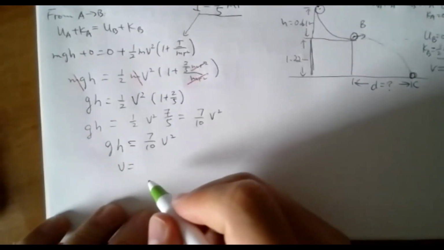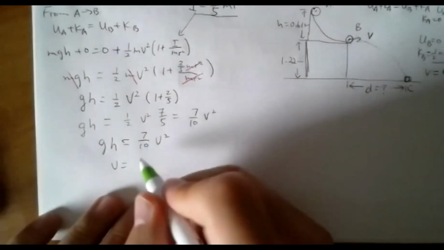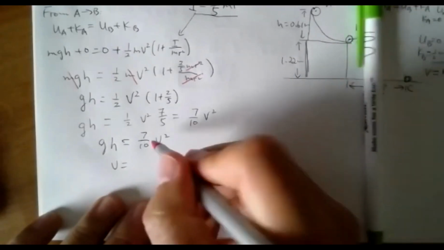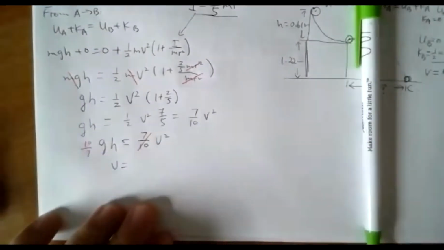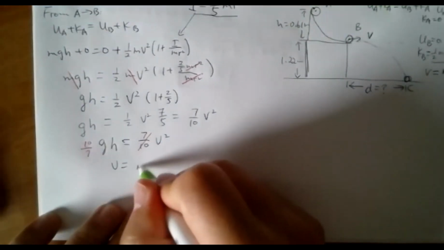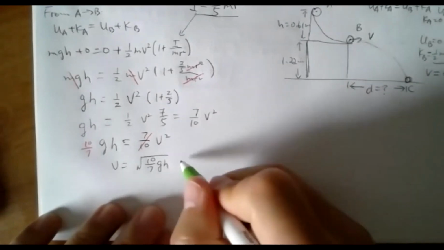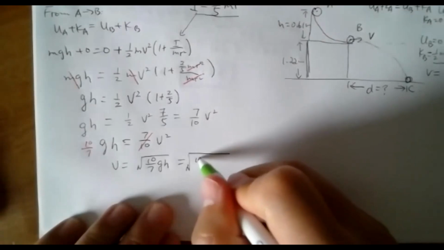Then v is equal to v at point B. If you move this over here, it will be 10/7, square root of 10/7 gh. You can solve for this v.